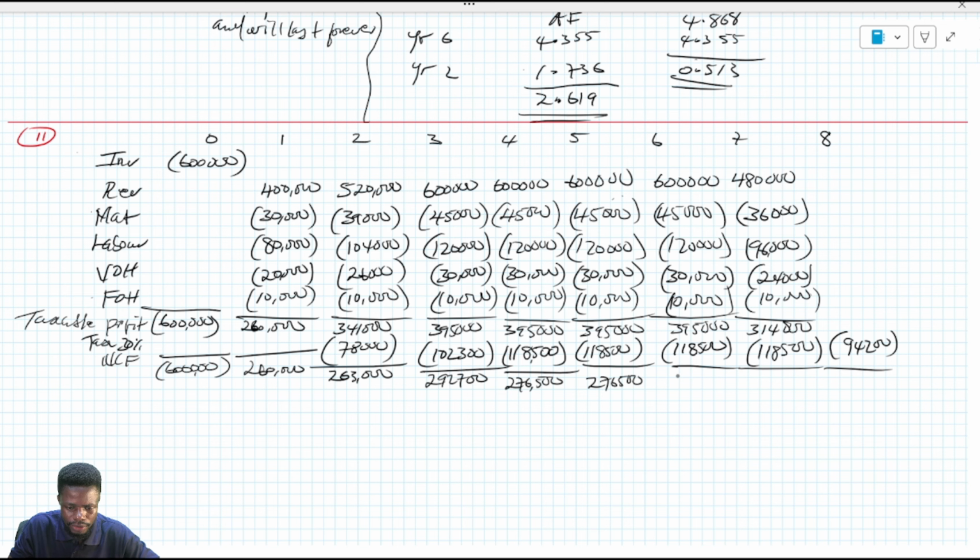Here you get 276,500, and year seven you will get 595,500, and lastly the same figure in bracket, 94,200. You get it.